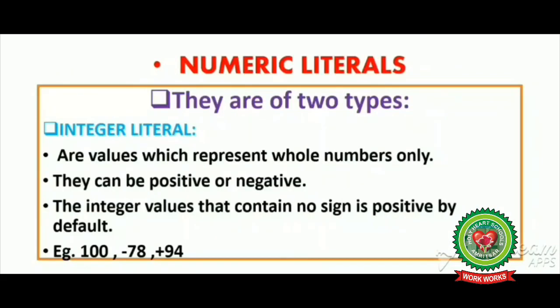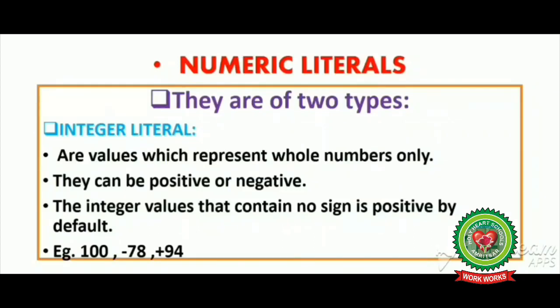Start with numeric literals. Numeric means in numbers. Numeric literals are of two types. Number 1, integer literals. Integer literals are the values which represent whole numbers only. They can be positive or negative, which means you can take a positive value with the plus sign or a negative value with the minus sign.